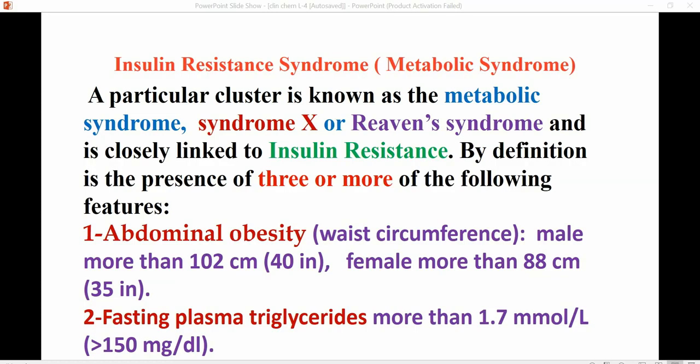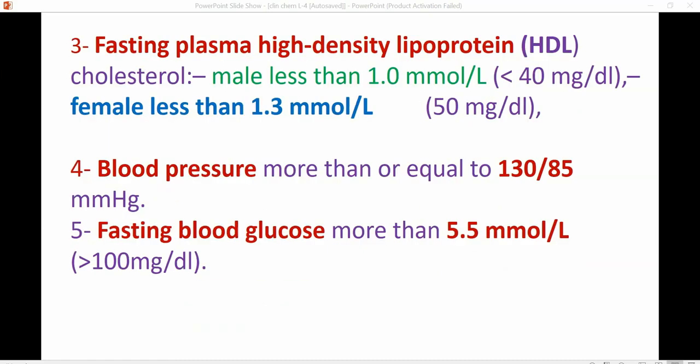First, abdominal obesity by measuring waist circumference, for males exceeding 40 inches, for females exceeding 35 inches. Second, fasting plasma triglyceride more than 150 mg per deciliter.